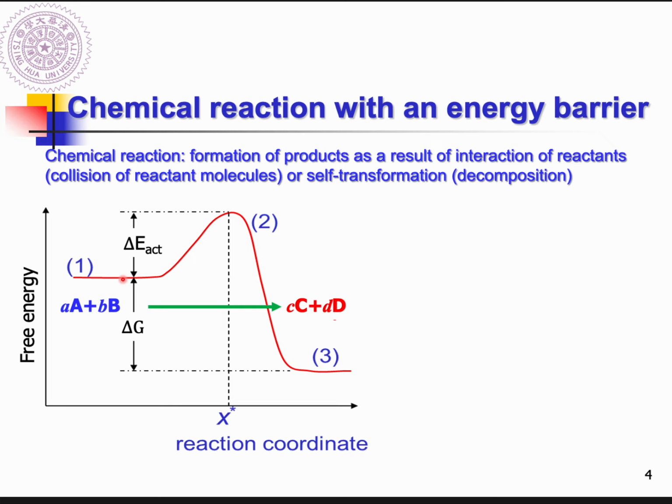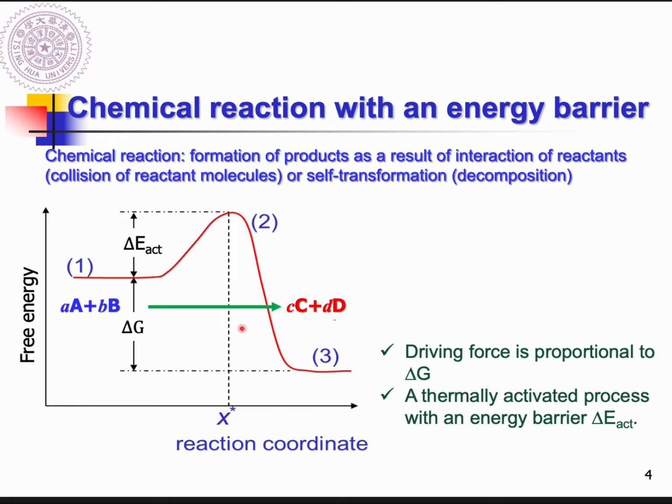So based on thermodynamics, you know this direction is correct, right? This chemical reaction for sure will proceed to the right-hand side, because this will decrease the total free energy of the system. So the driving force will be proportional to delta G. If we did not apply any other driving force and only thermal energy exists in our system, then we can observe the energy barrier.